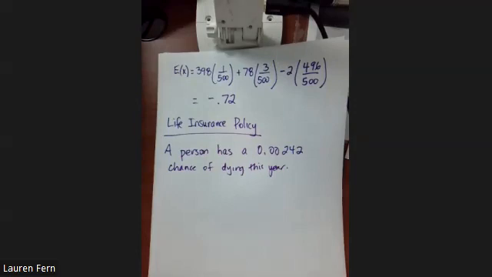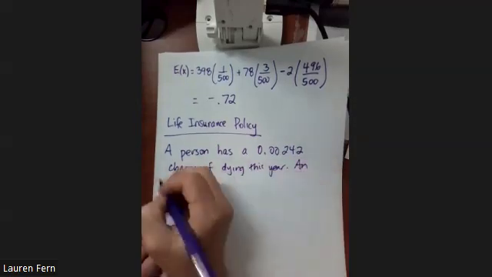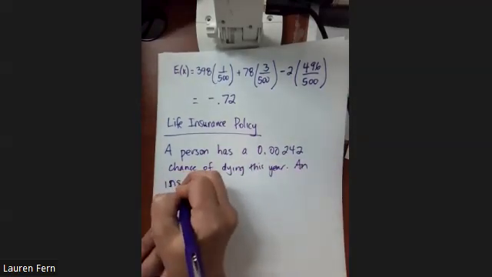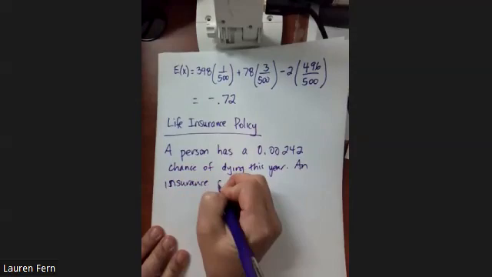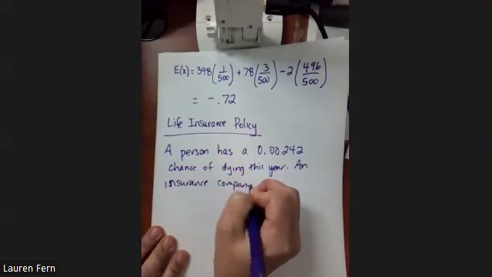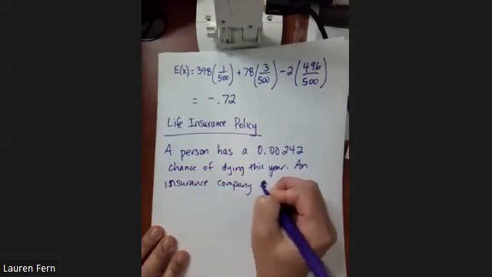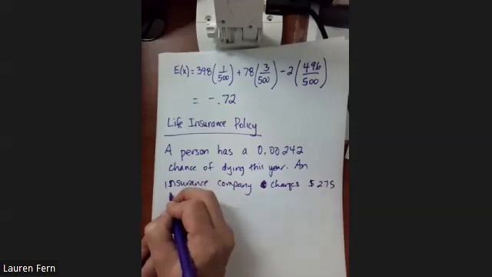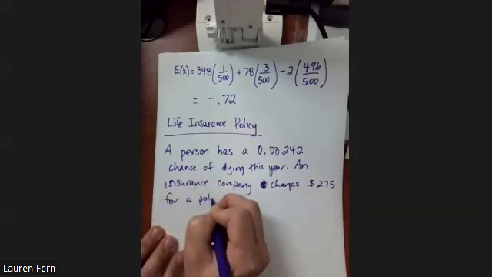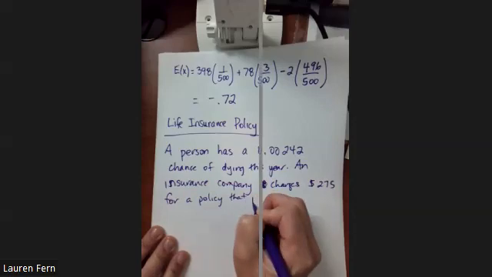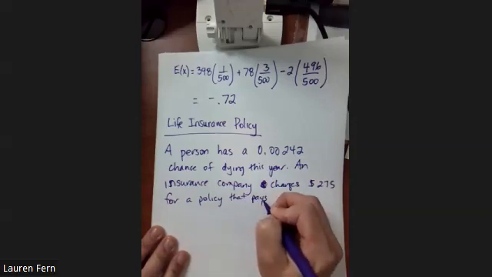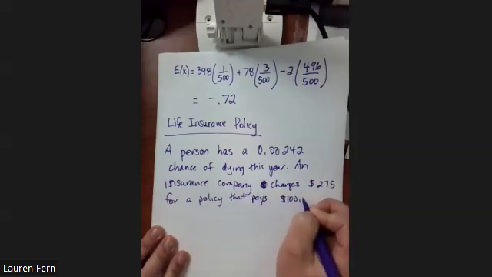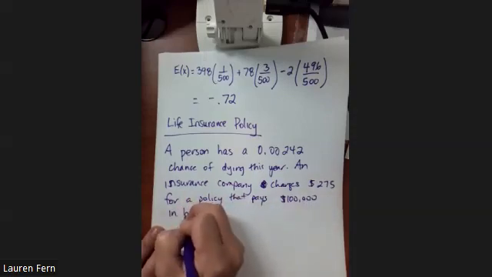They take all those statistics and compute those things. Okay. So suppose we have an insurance company that charges, say, $275 for a policy that pays $100,000 in benefits.